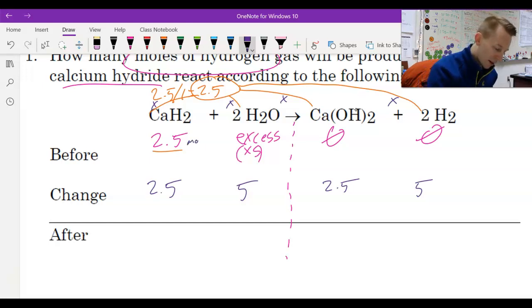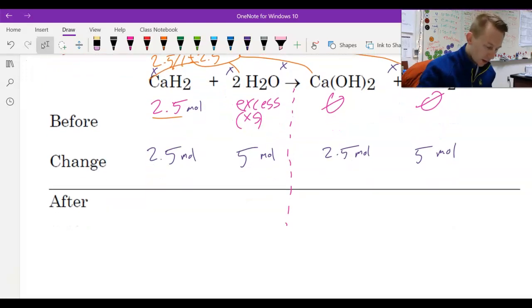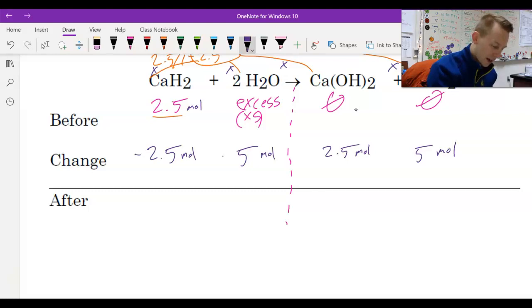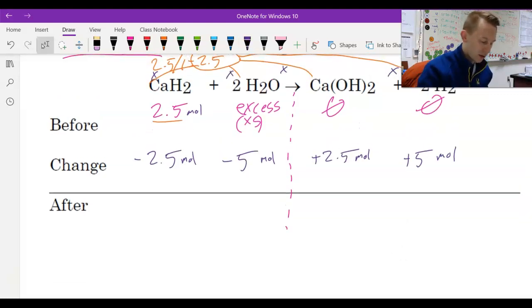The one thing I'm not writing here is units, because we can only use moles in a BCA table, which is good. Then we lose reactants and gain products. That's always the case: always lose reactants, gain products. Then we just do our addition or subtraction.